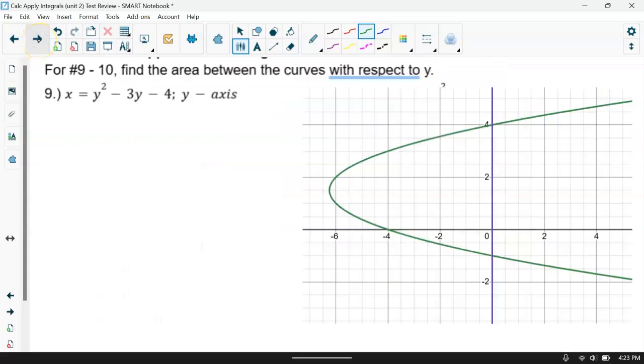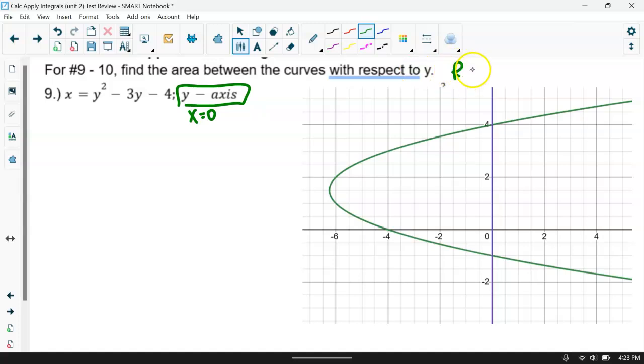So now here, I'm going to go over number 9 because this is with respect to the y-axis. So now notice, if it's an axis like here, then this is like x is equal to 0. So we have our x equals function here, and because we're working with the y-axis, this is like x is equal to 0. Now remember too, this is with respect to y.